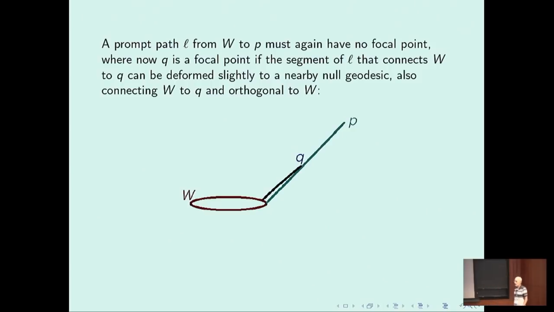Then by rounding out the kink and using the twin paradox or the mirror reflection principle or whatever, you could find a causal path that would have arrived in the past of P.